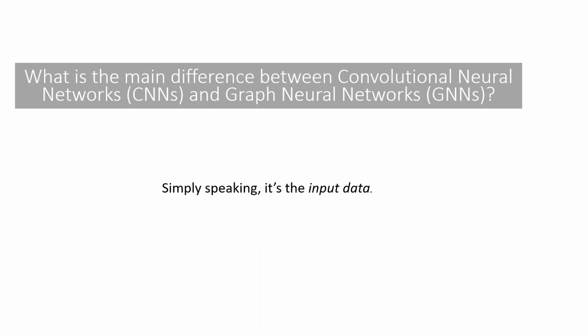The answer is that only the input data changes. In CNN, we can imagine the input as a vector, and we get an output; GNN also works in a similar fashion. Only the input data is more unstructured or semi-structured that we pass into the network, or it could be structured data as well.